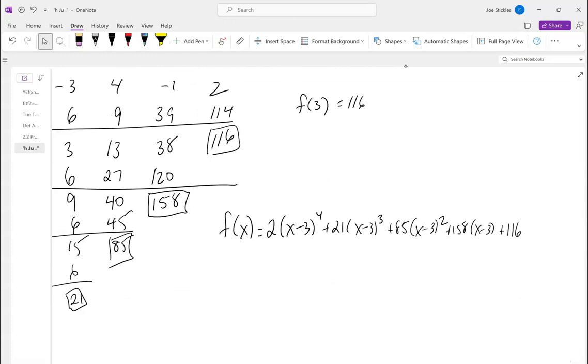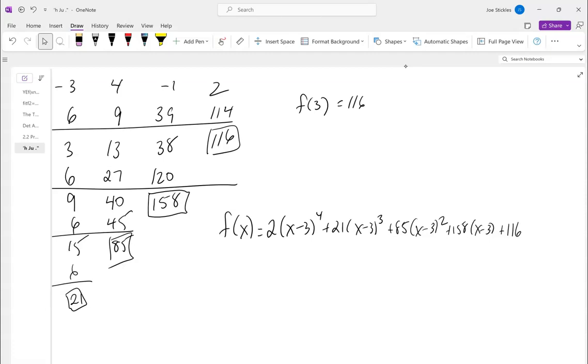Now, we can also use this to figure out what the derivatives have to be. This also looks like the Taylor series, centered at x equal to 3, right?